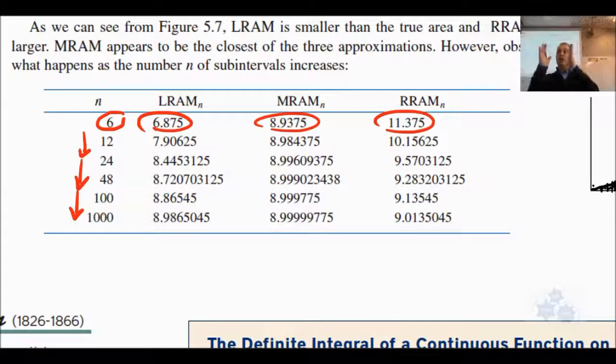They would be super, super thin, right? And then look what happens when we use LRAM, MRAM, and RRAM. Look at the difference. It almost becomes nothing, right? And you can probably guess that if we use 10,000 or 100,000 or 1,000,000, these numbers would approach the same value.